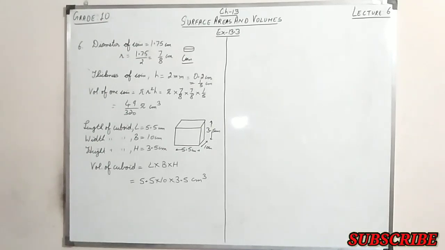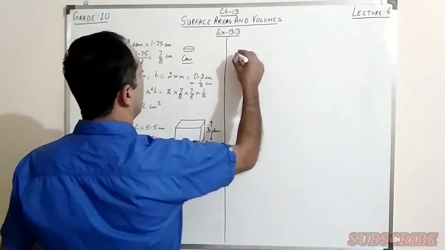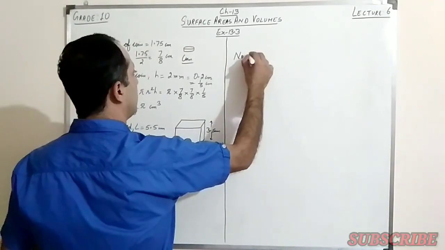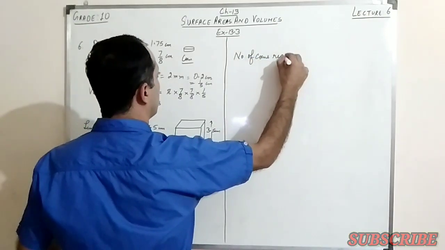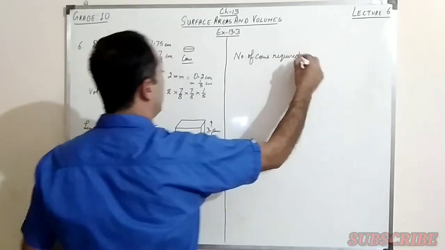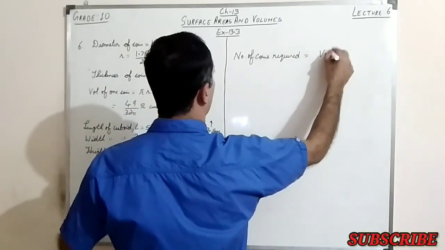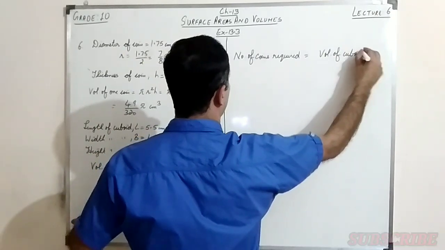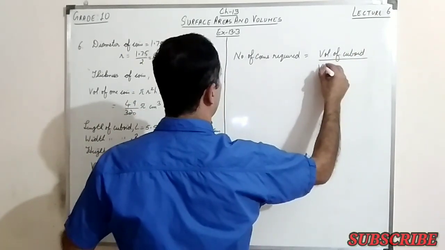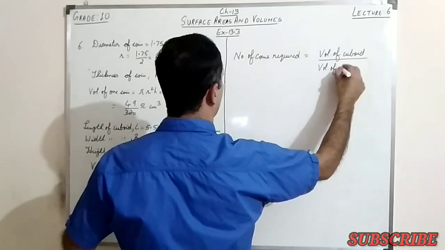Now I require the number of coins. Number of coins required will be equal to volume of cuboid divided by volume of one coin.